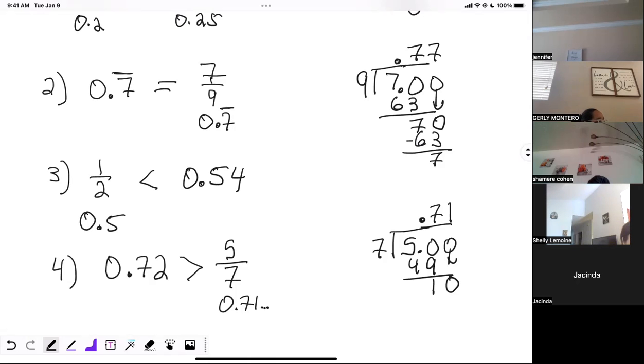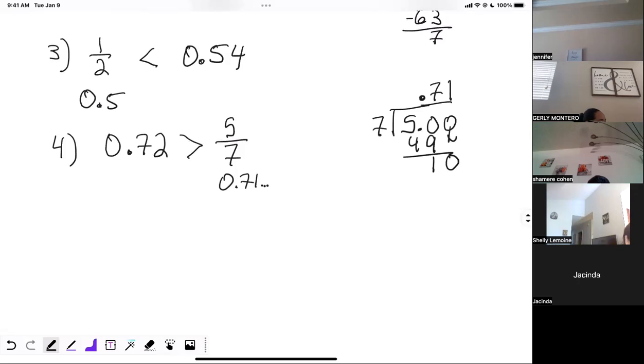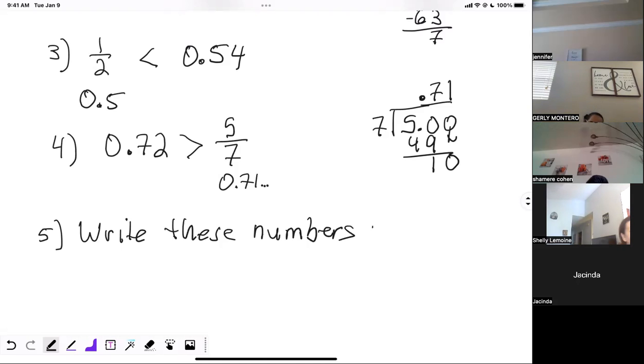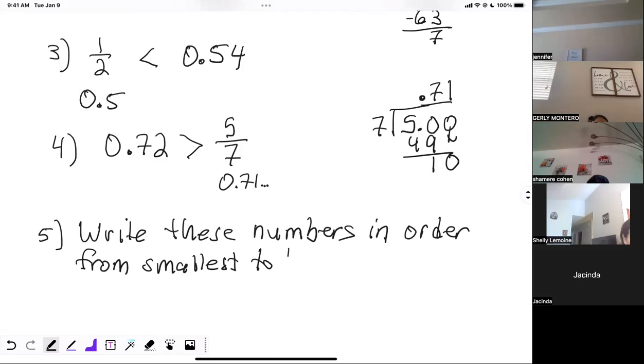And then along the same lines, they can ask you this. Rate these numbers in order from smallest to largest.